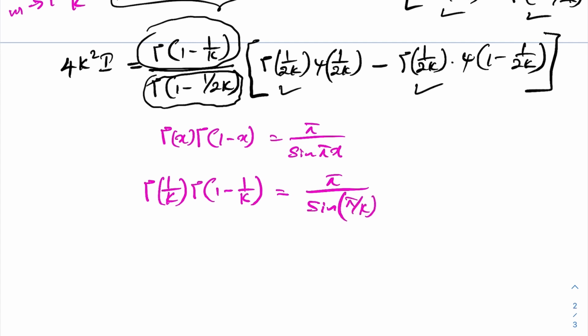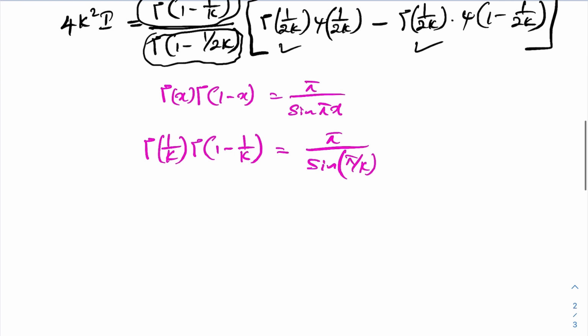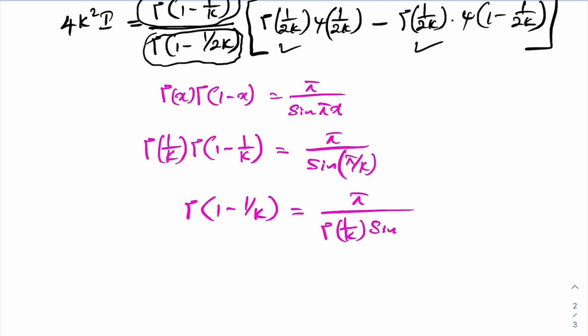Then we can isolate the gamma of 1 minus 1 over k. We know this is equal to pi over gamma of 1 over k times sine of pi over k.